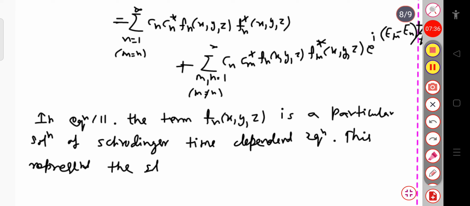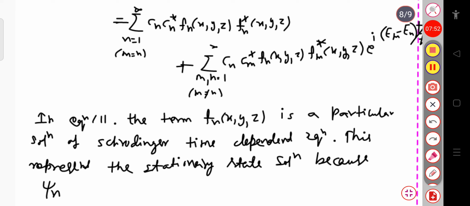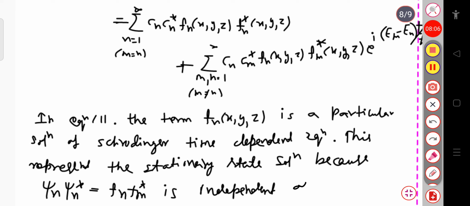Because psi n into psi n star, that is the probability distribution, equals Fn into Fn star, it is independent of time.